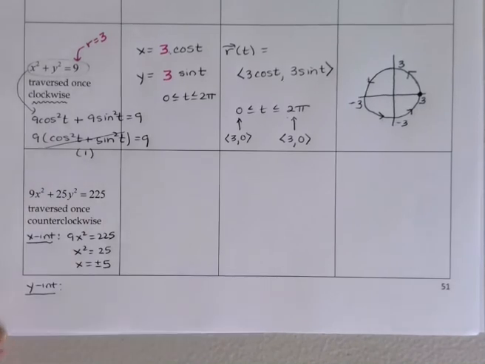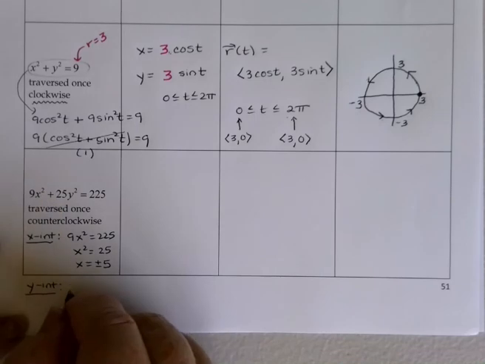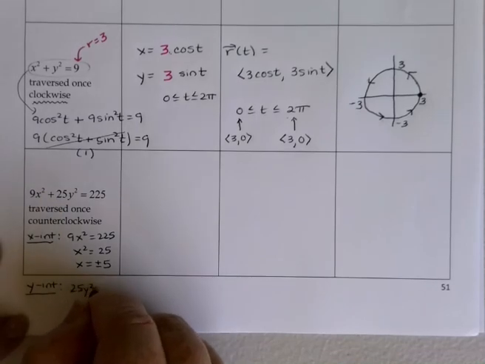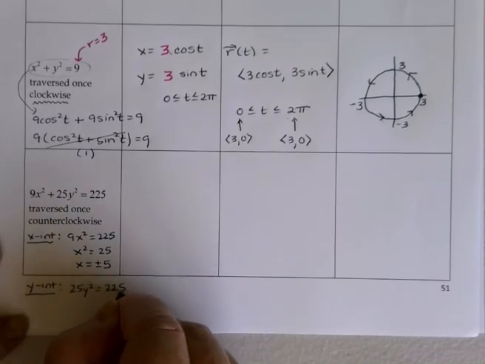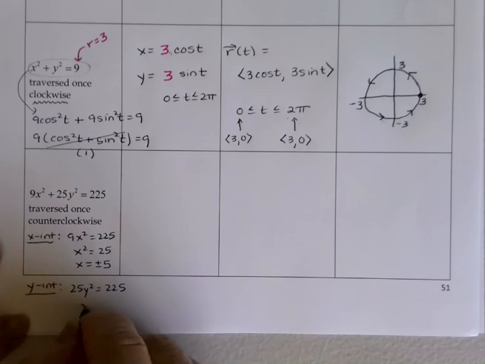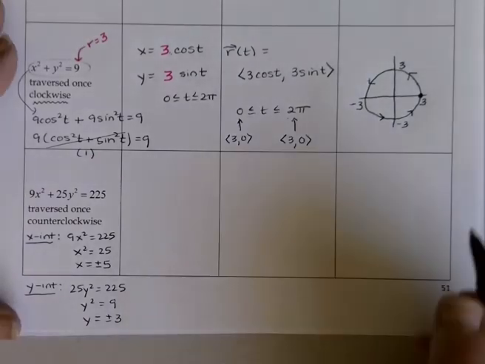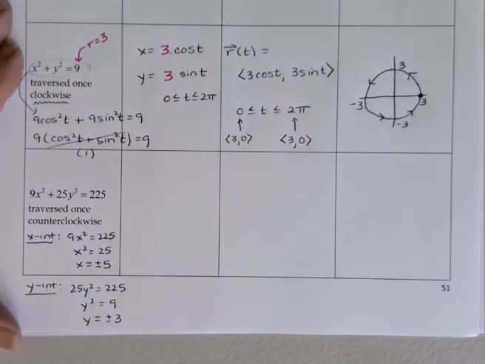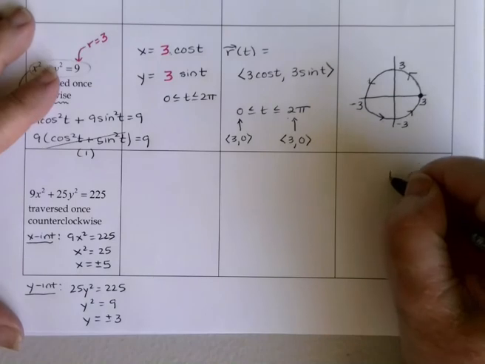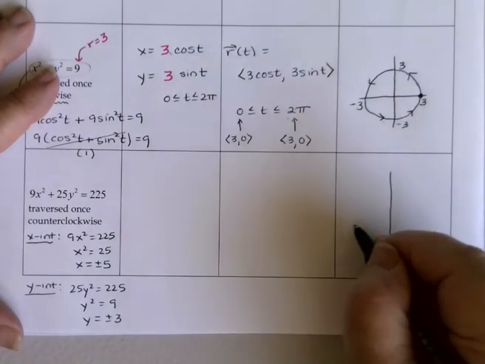And same idea for the y-intercepts. If x is 0, this just becomes 25y squared equals 225. So y squared is 9, and y is plus or minus 3. I'm actually going to reverse myself this time. I'm going to graph this one first, just to make it a little easier to talk about.